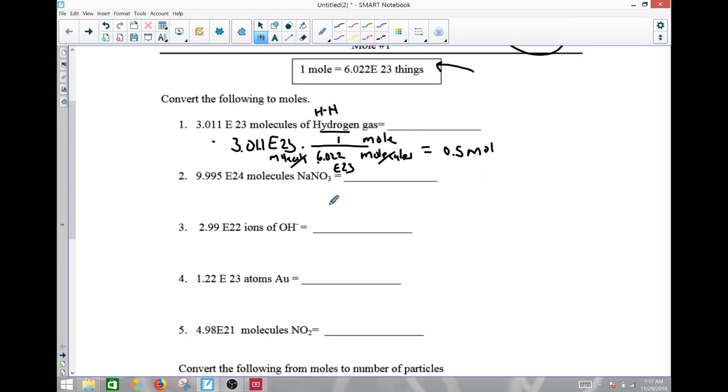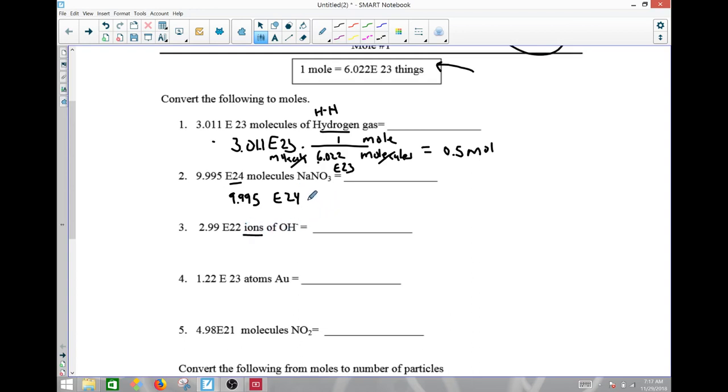All right, next one, 9.995 e to the 24th. So I have more than 1 mole. 9.995 e to the 24th molecules. It wouldn't matter if it was an ion either.